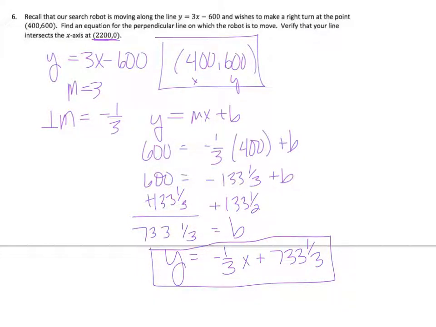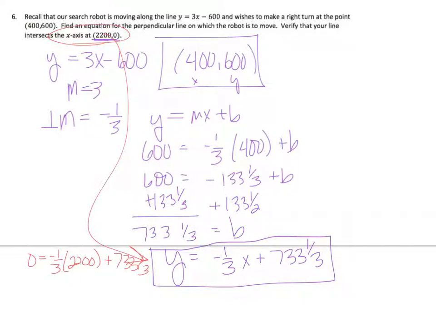Now to verify that it intersects the x-axis at 2,200, 0, all I need to do is plug that into this equation. X comma y. So y is 0, x is 2,200. Plus 733 1/3.